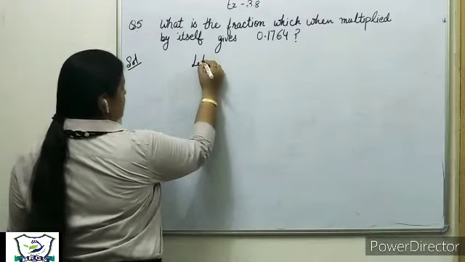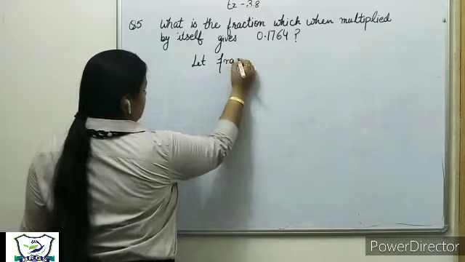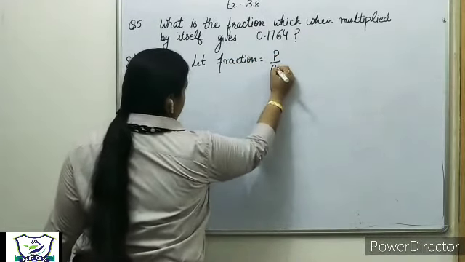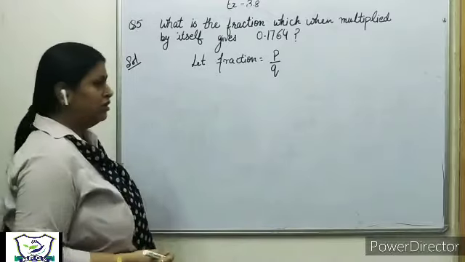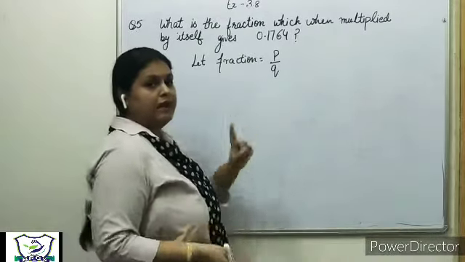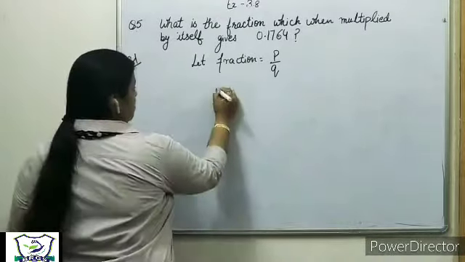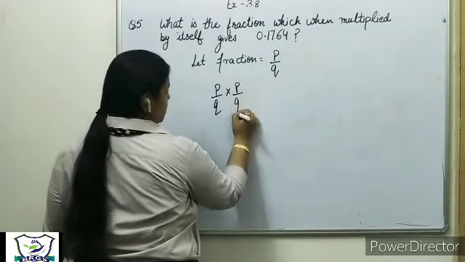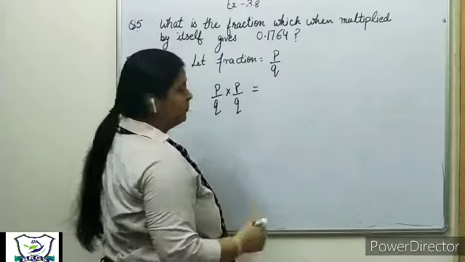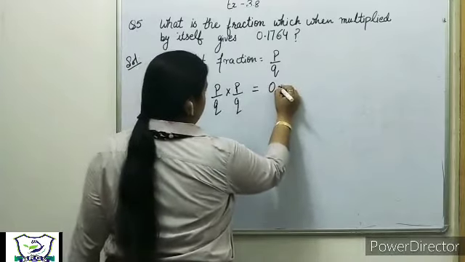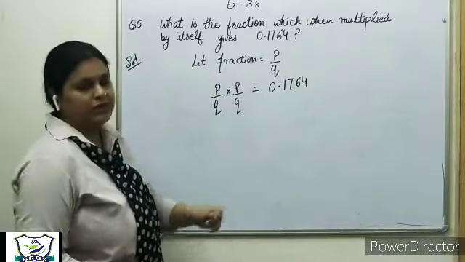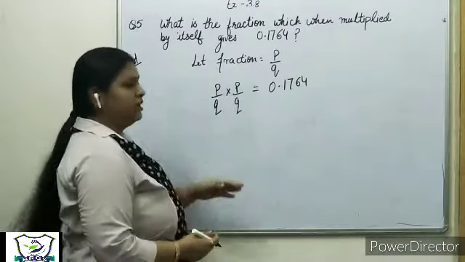Let's suppose the fraction is p by q. So this fraction when multiplied by itself, p by q multiplied by p by q, what does it give? It will give 0.1764, and 0.1764 is a decimal number.